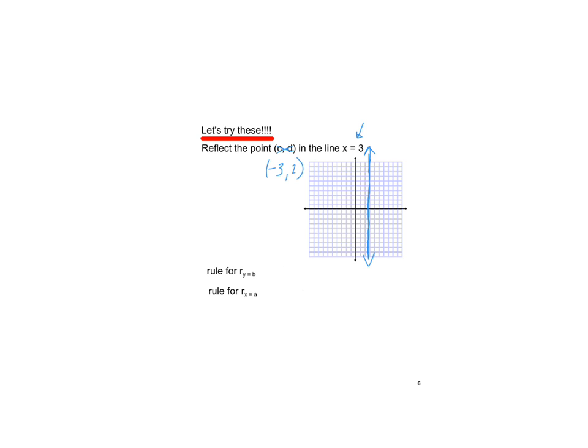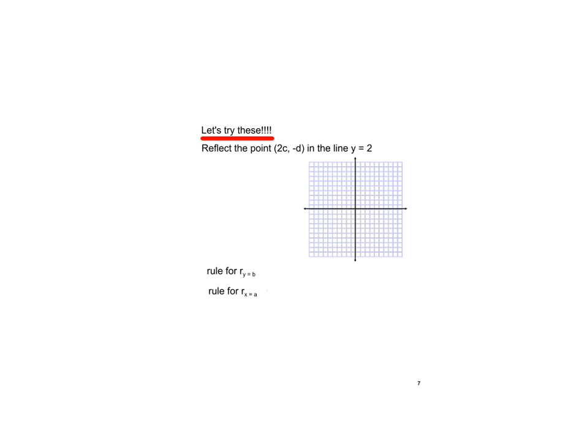So we're going to plot (-3, 2). 1, 2, 3, 1, 2, which is right here. And we're going to just count boxes to that line of reflection. 1, 2, 3, 4, 5, 6. So I have to count 6 on this side. 1, 2, 3, 4, 5, 6. And I end up right here at (9, 2).